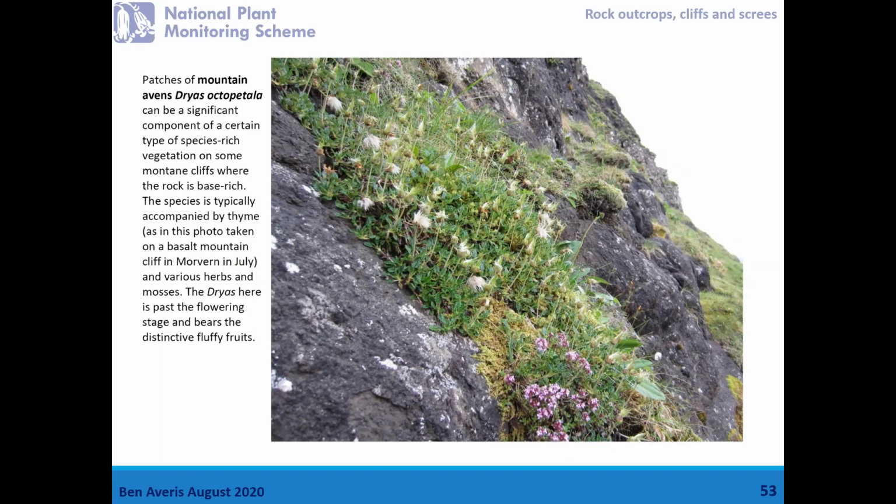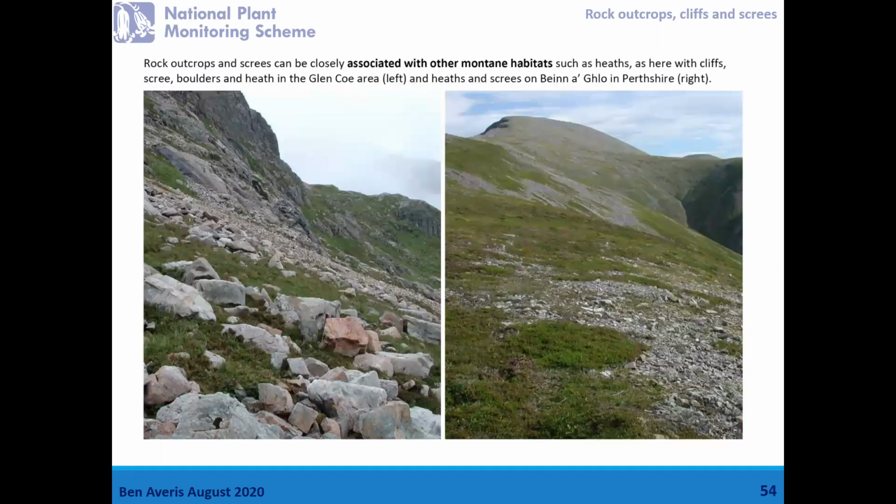The next page has got some examples of upland places showing how the montane rock habitat can be mixed up with heaths, whether it be scree or rock outcrop or boulders.